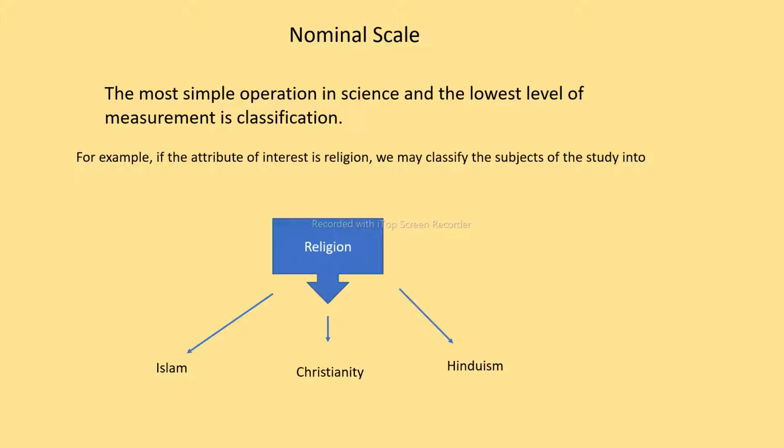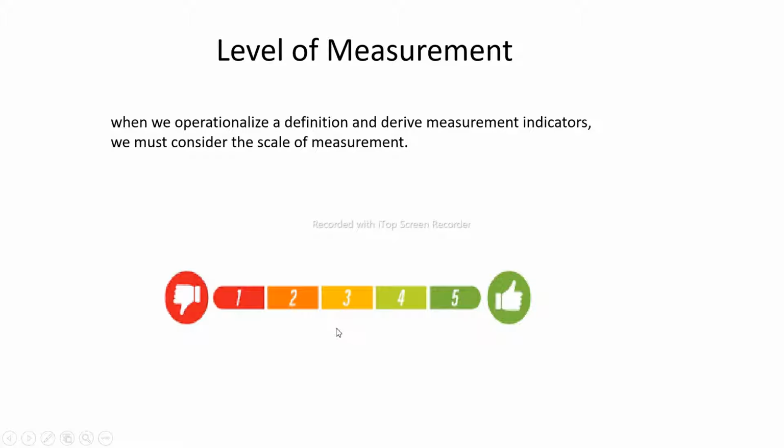We have seen that from theory to empirical hypothesis, and from theoretically defined concepts to operational definition, the process is by no means direct. As the example illustrates, when we operationalize a definition and derive a measurement indicator, we must consider the scale of measurement. There should be a scale of measurement.